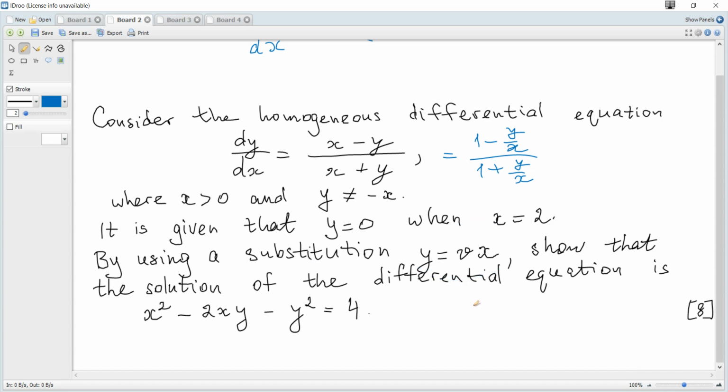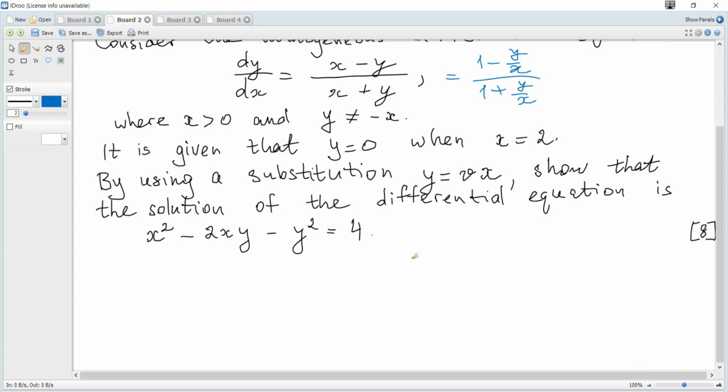of x. And the next step is we can find dy over dx using our substitution. So it's just the product rule, provided that v is some unknown function of x. So it becomes the derivative of v, so dv over dx multiplied by x, plus x's derivative, it's 1, multiplied by v.